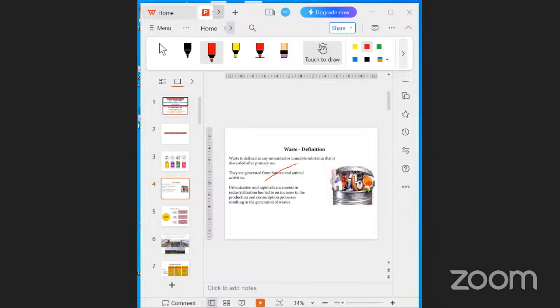Based on this, it is essential that we know what waste is and how it is classified, and that we can segregate it into different classifications. Now let us look into the classification of waste based on the physical state of the material. Wastes are classified into three types.